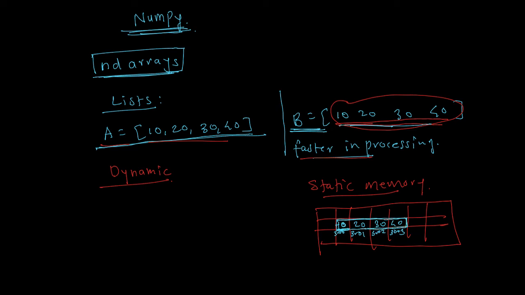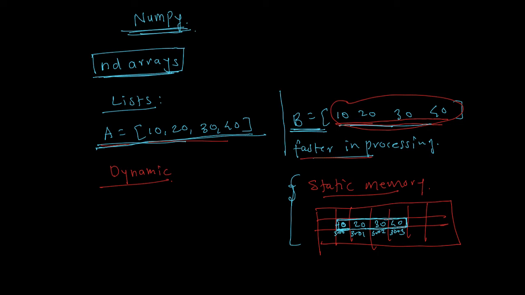Random access will be fast compared to random access here. So any element can be accessed randomly, in a faster way. That is the reason why NumPy has become popular compared to the list data structure or any other data structure for numerical data processing.